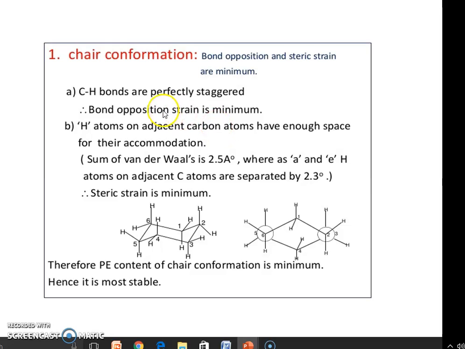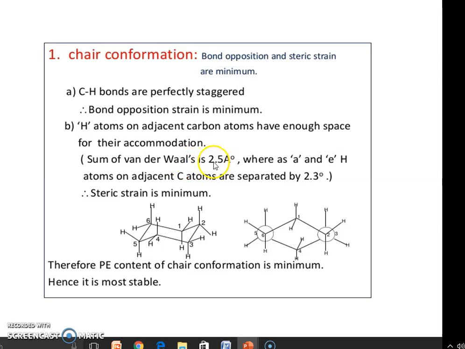You can see all carbon-hydrogen bonds are perfectly staggered, so the bond opposition strain is minimum in this case. The hydrogen atoms on the adjacent carbon atoms have enough space for their accommodation, one from another.